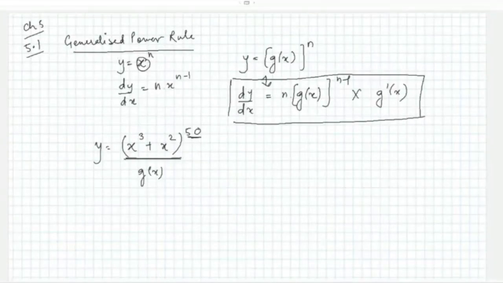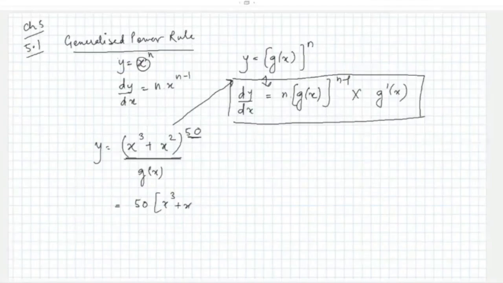So the function written here is in this form, and we can apply the power rule here by first applying the power rule to g(x). So what would it be? 50 into g(x), which I am writing here as (x raised to the power 3 plus x raised to the power 2), raised to the power 50 minus 1, which is 49, and then multiplied by the derivative of g(x).